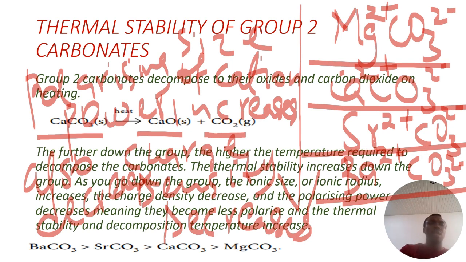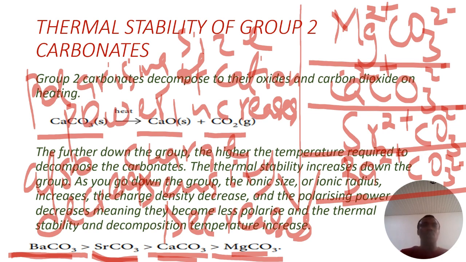So you can see the decomposition temperature of barium carbonate is greater than that of strontium carbonate. Strontium carbonate is greater than calcium carbonate. Calcium carbonate is greater than magnesium carbonate.